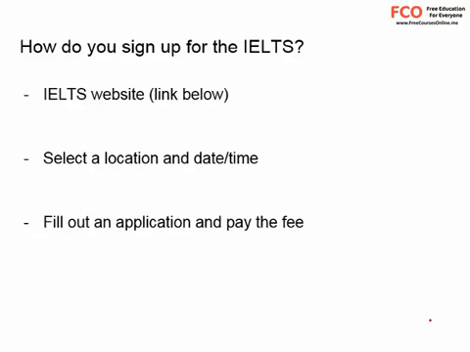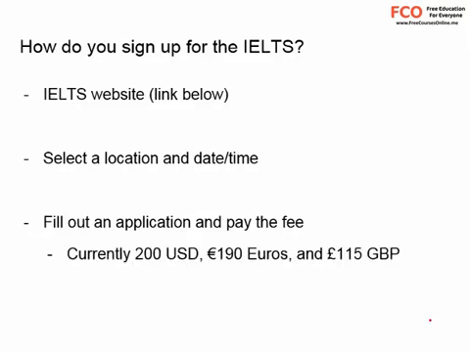The fee is calculated differently, obviously, depending on where you are, okay? But as of right now, if you're in the US, you'll pay $200 for the exam. It costs 190 euros currently and 115 pounds. You should check the current pricing information when you sign up for the exam.